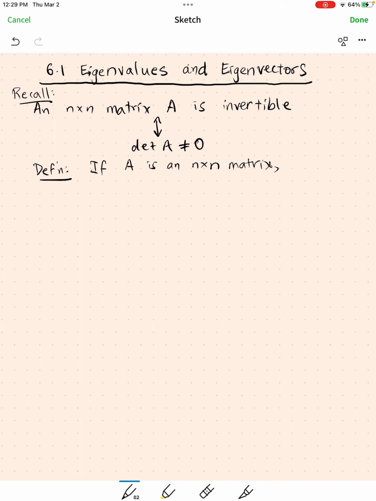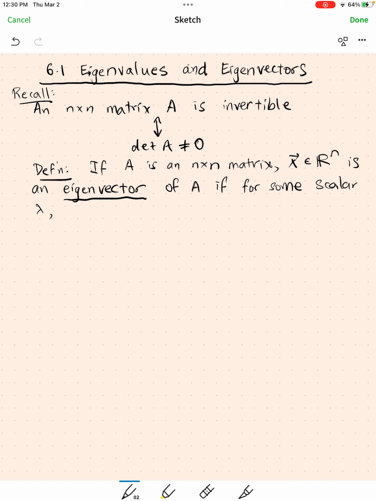A vector x in Rn is an eigenvector of A if for some scalar lambda, A times x is equal to lambda times x.